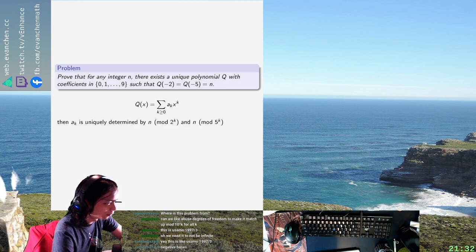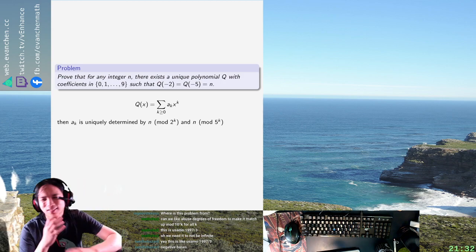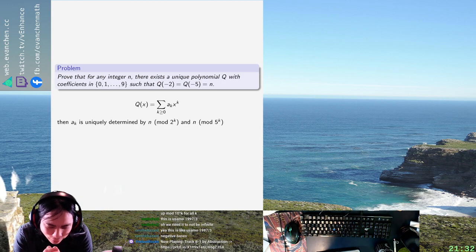Yeah, that's the problem. So I feel like I should just start writing some calculations down, but I don't know exactly what I'm trying to calculate anyways.